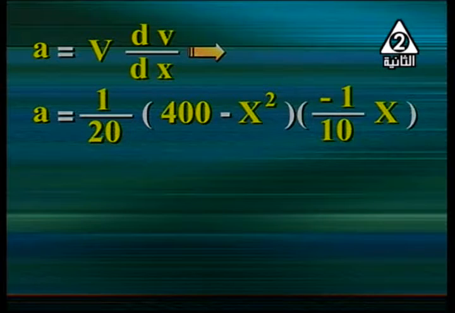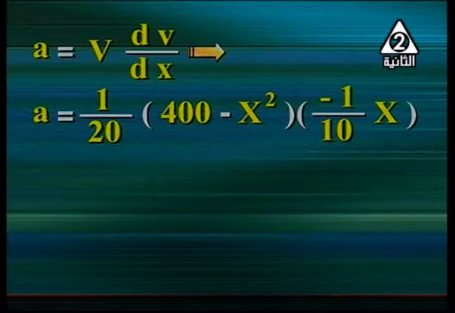Then a, acceleration, equals v dv over dx, 1/20 multiplied by 400 minus x squared, times negative 1/10 x. Remember, dear student, a acceleration is equal to v dv over dx. What is the velocity?